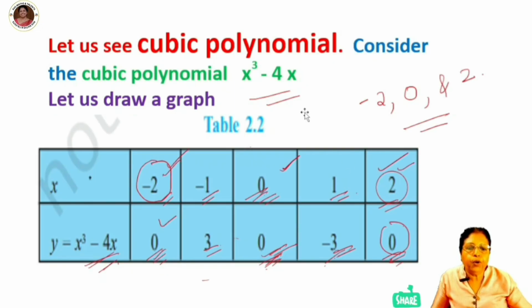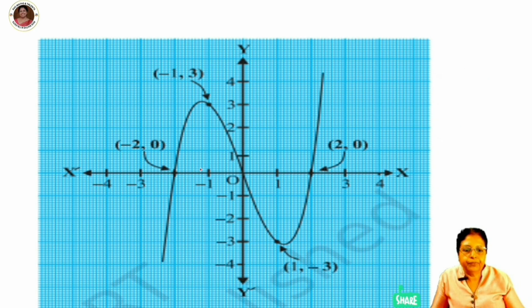And if we plot these points, we will get a graph like this. We can see that it cuts the x-axis at this point, this point and this point. That means these 3 points are the intersecting points of the x-axis and the graph.